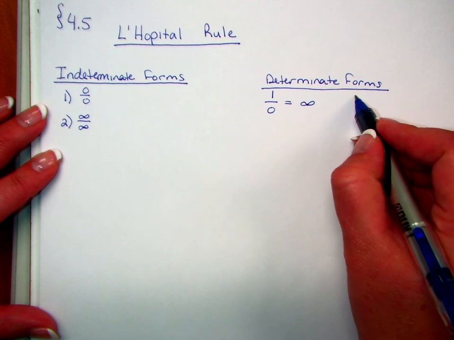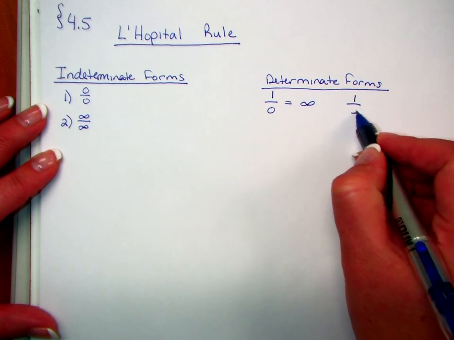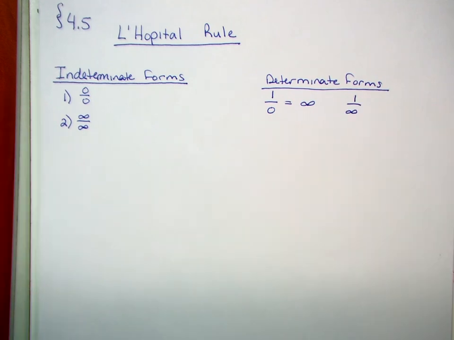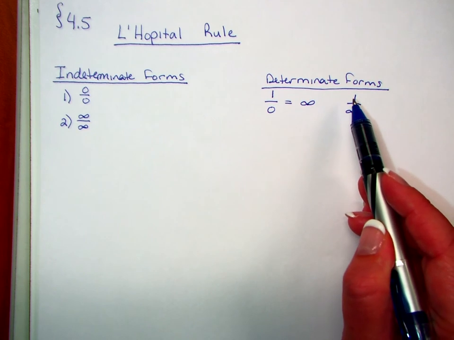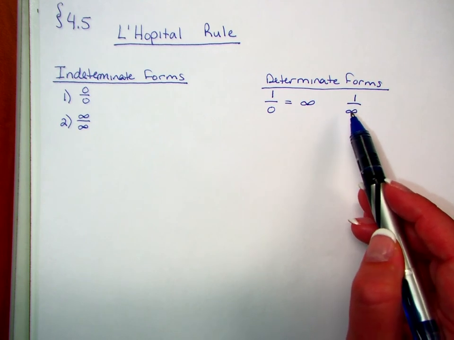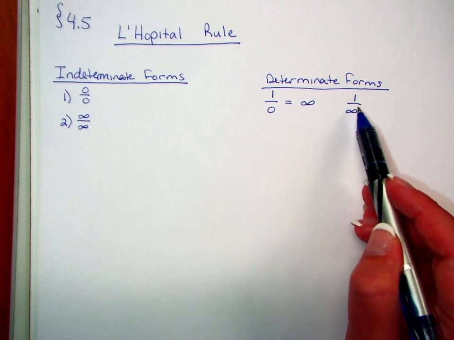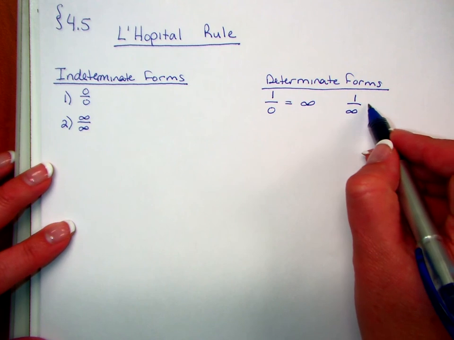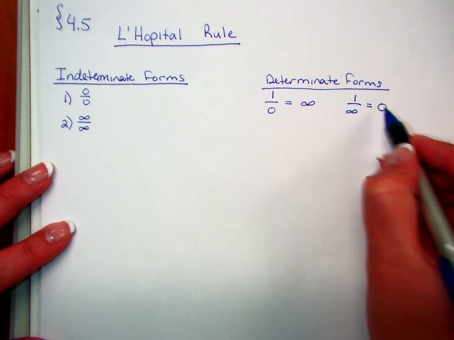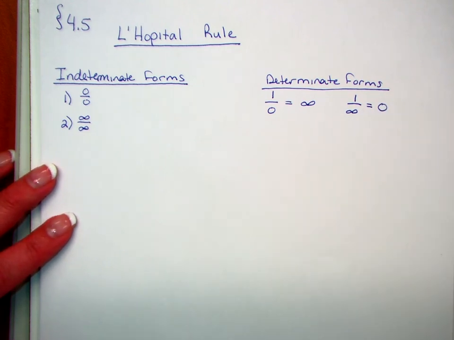So what happens if we get 1 over infinity, right? So what if our top function heads to 1 or some other constant, and our bottom function heads to infinity? Okay, if the denominator gets really large, then the fraction gets really small. And this determinate form is always 0. Right?